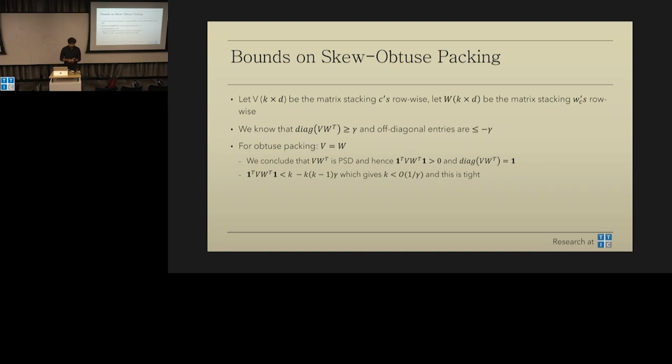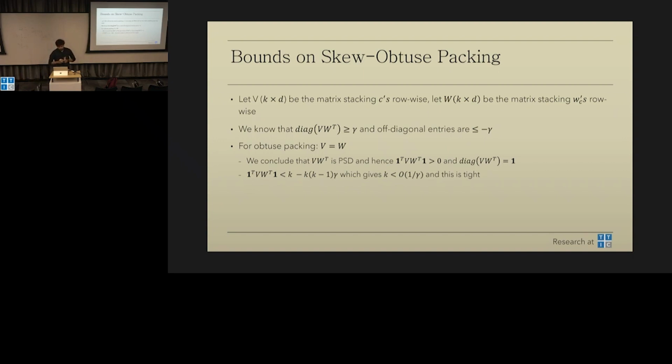So if we were just doing obtuse packing, the proof is very short from here. We would just say V equals W, and V W transpose is PSD because W is V, and then it's just a matter of analyzing the sum of entries of this matrix. V W transpose is a matrix where all the diagonals would be 1 if V equals W, and all the off-diagonal entries will be below minus gamma.